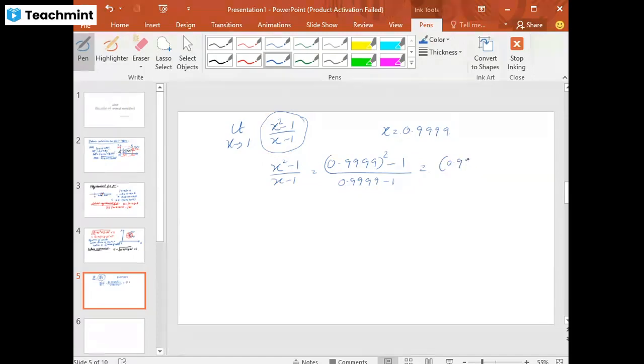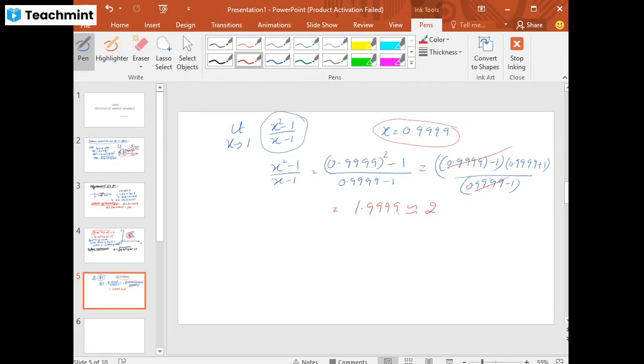That is 0.9999 minus 1 into 0.9999 plus 1 upon 0.9999 minus 1. Obviously, this difference is not equal to 0, so we can cancel it out. So its value comes out to be 1.9999. It means if the value of x is very close to 1, then the value of the function is approximately 2. So it means that the limit of this function is 2.